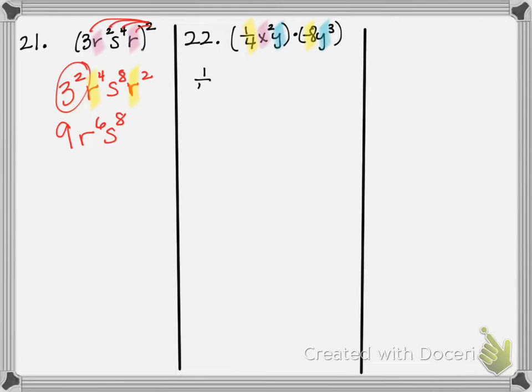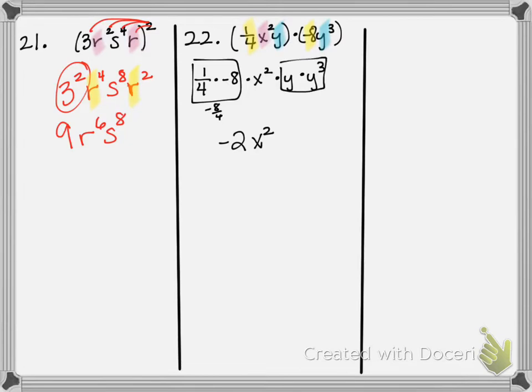So I have 1/4 times negative 8 times x squared times y cubed. 1/4 times negative 8 is negative 8 over 4, which is negative 2 x squared. And then my y's that combine give me y to the 4th.